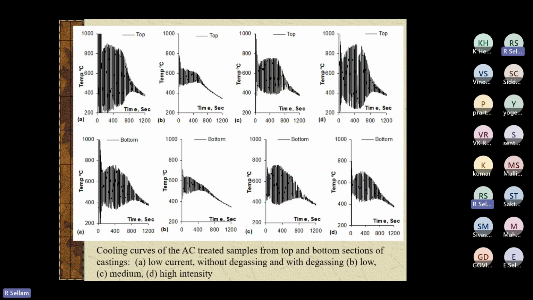The question is that this is DC. When you apply AC, the situation changes. Can you see a low current without degassing, top and bottom. Then if you see, more gas means more fluctuations.